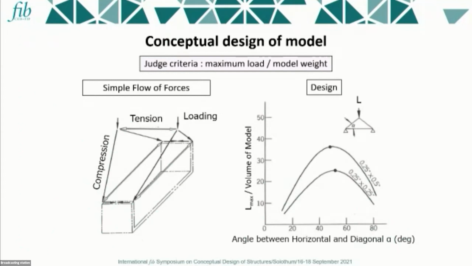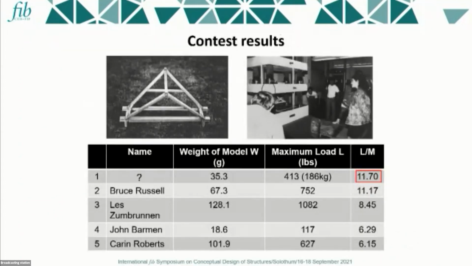The material is balsa. We paid $9, and the balsa and epoxy resin were given by the office. So this is the result. And the criterion of the contest is the maximum load divided by the model weight. This is very interesting.